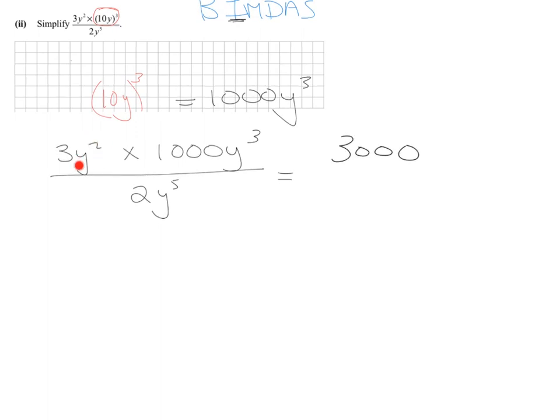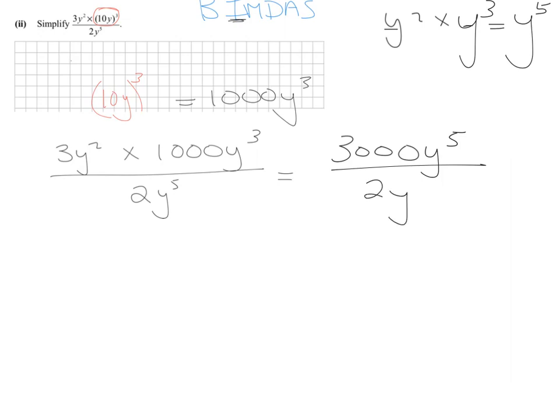And if I'm multiplying y squared by y to the power of 3, if you know your indices, which a lot of this question is based on, you know if you're multiplying and they have the same base, you can just add. So that becomes y to the power of 5. So now it is 3000 y to the power of 5 all over 2y to the power of 5. And you can cancel your y to the power of 5s because you're dividing across by that. And then divide 2 into 3000. The answer to that is 1500.